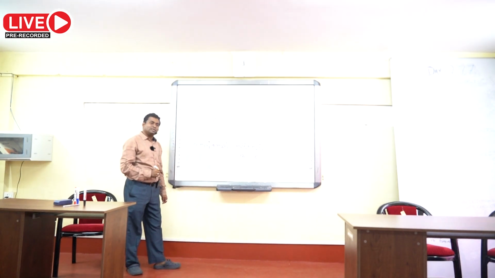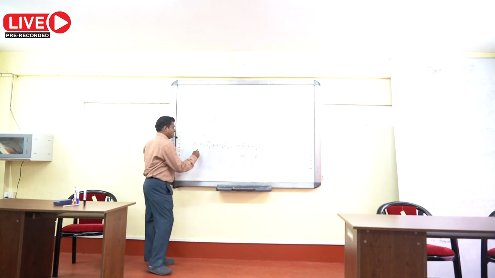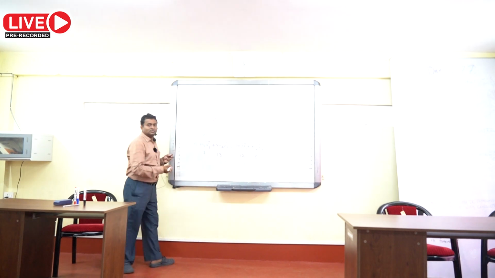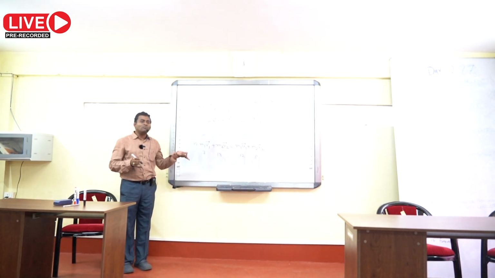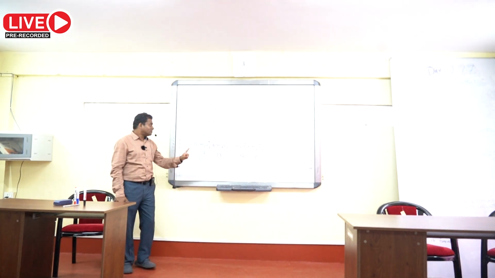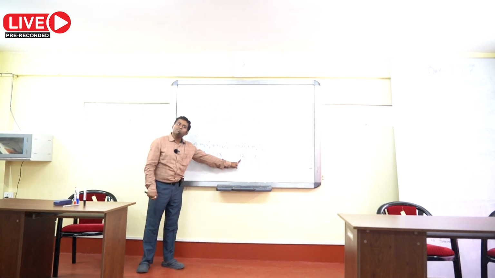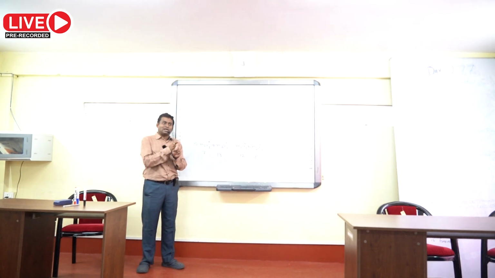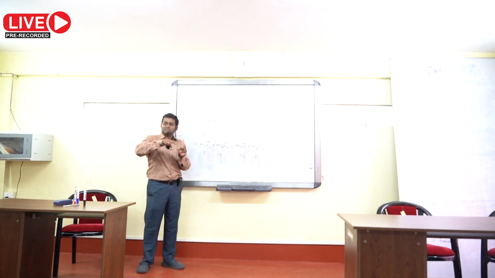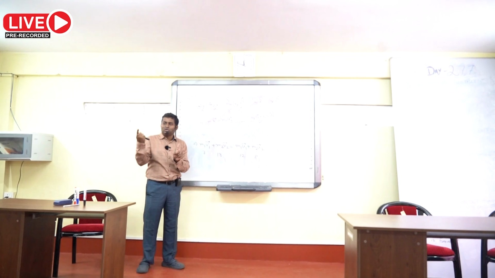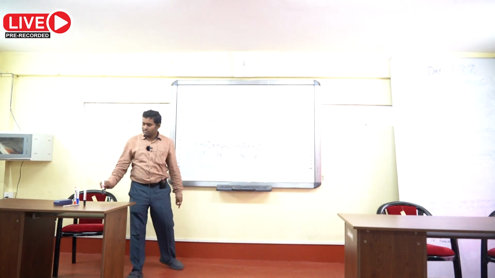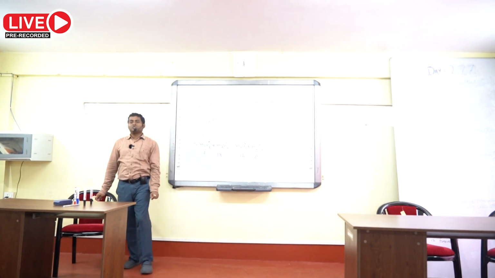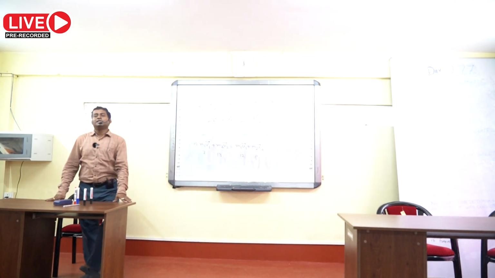Then it may happen that after collision it may be 7 and this may be 13, such that the sum remains. But for the individual, is the momentum conserved? No. But for the entire system together, the sum of the momentum is conserved. Clear? So that is the main essence of the third law, conservation of linear momentum.